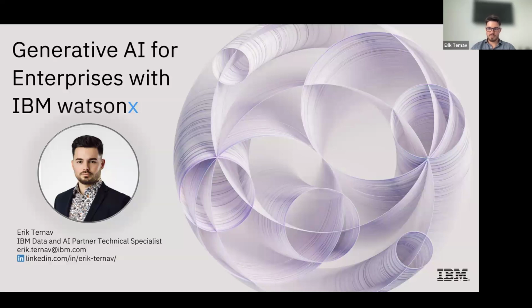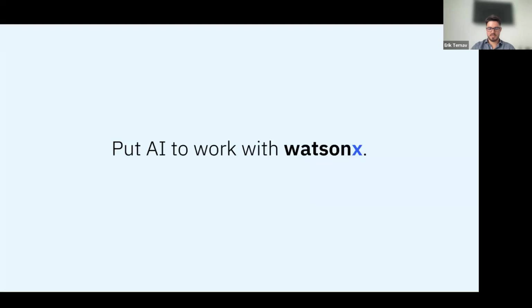Now, let's take a look at the caption. Generative AI for enterprises with IBM watsonx. Okay, so if I go into the next slide, put AI to work with watsonx. I already mentioned a couple of words before regarding the whole generative AI fiasco that's been going on. It's not really a fiasco, there's a lot of hype revolving around it, but it's also something that's here to stay. It's really, really useful in a business sense, or also in your day-to-day life.